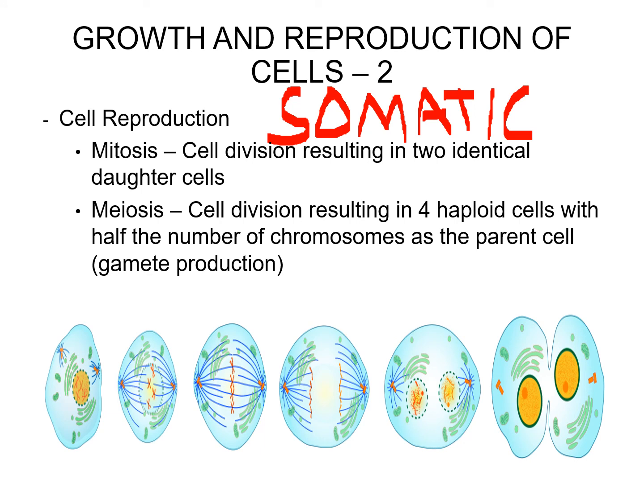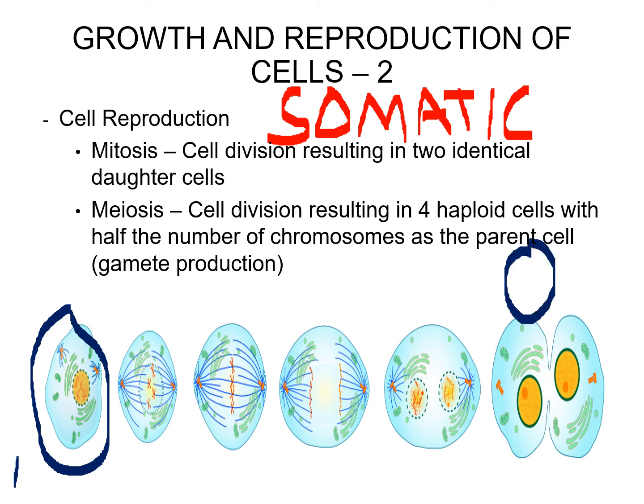Everything that's not sperm and egg is referred to as a somatic cell. And for the most part, the majority of your somatic cells do go through mitosis all the time. And the result of mitosis is we're going to take one cell. So here you can see in this picture on the bottom, we got one cell. And eventually what we're going to get is 2 identical daughter cells.